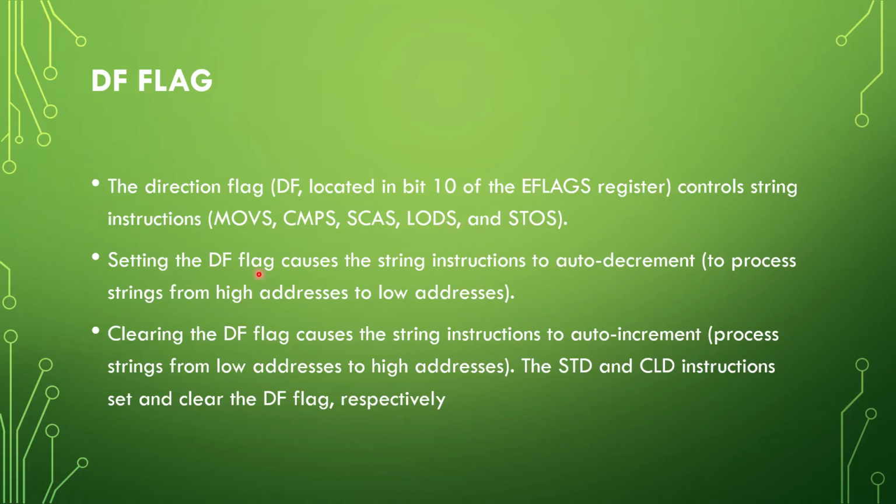Setting the DF flag, the direction flag, causes the string instruction to auto decrement, and clearing the DF flag causes a string instruction to auto increment. That is the reverse of this. The STD and CLD instructions are used to set and clear the DF flag. You have to be just aware of these concepts, right?